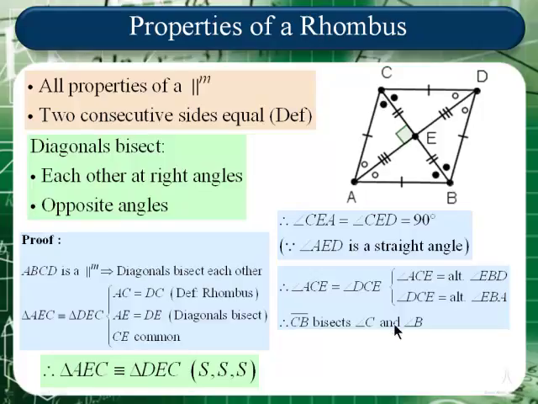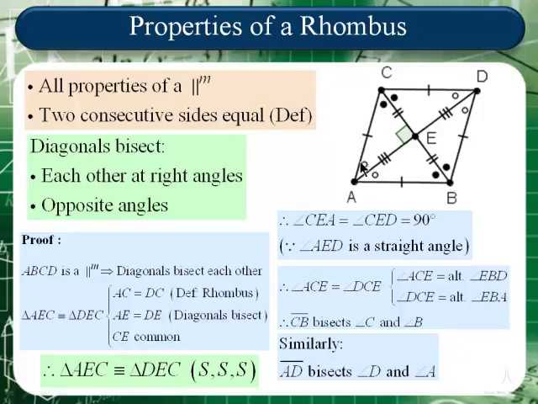In a similar way, we can prove that AD bisects angles D and A. All you need to do is you can in a similar way show that triangle CDE is congruent to triangle BDE, and therefore these two angles which is indicated by 2 unshaded dots must be equal in size, and this top dot is alternately equal to this angle EAB, and this bottom one alternately equal to that one.